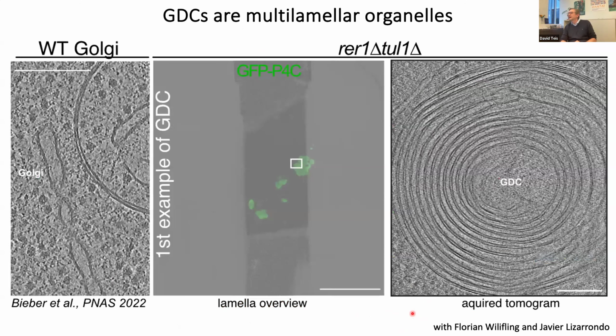But when we looked at them by electron microscopy, we saw something that we did not expect at all. So when we do correlative electron microscopy of these PI4P containing rings, we observe this massive accumulation of circular membranes. And we did not observe them once, we observed them in almost every cell that has these PI4P positive structures.